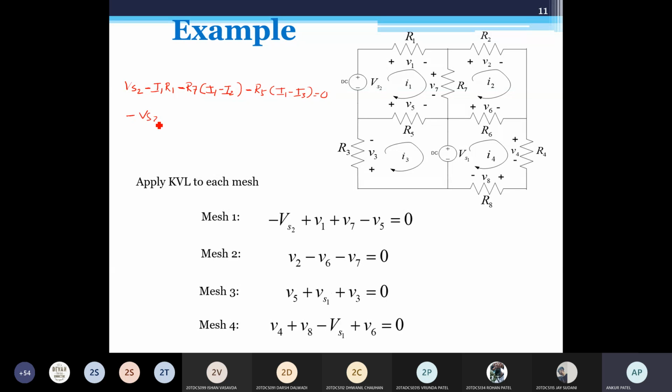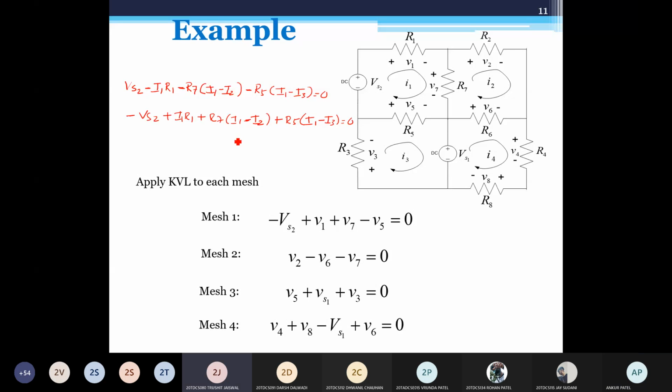So you can also write this equation like this: minus VS2 plus I1 R1 plus R7, plus R5. Can I write like this? Correct.